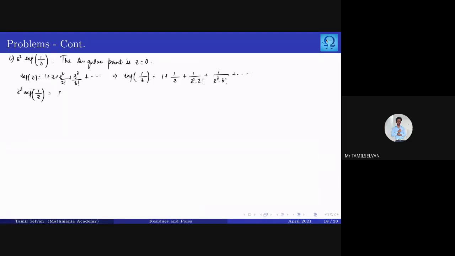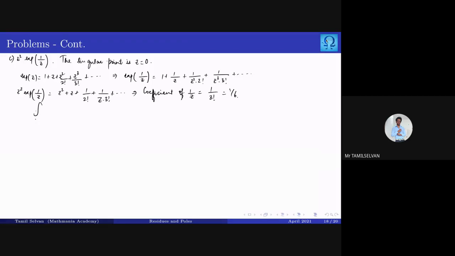When you do so, you get z squared plus z plus 1 upon 2 factorial plus 1 upon z times 3 factorial plus etc. Now the coefficient of 1 upon z is 1 upon 3 factorial, which is 1 upon 6.